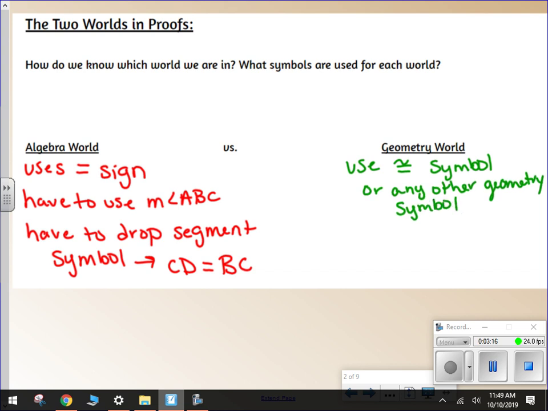We'll need to use just the angle ABC. You would drop the m when we're using the congruent symbol. And with segments, now we need the line on top to indicate that it's a segment. So that's the difference between algebra world and geometry world. If I'm given an equal sign, I know I'm in the algebra world. If I'm given a congruent symbol or any other geometry symbol, that means I'm starting off in the geometry world.